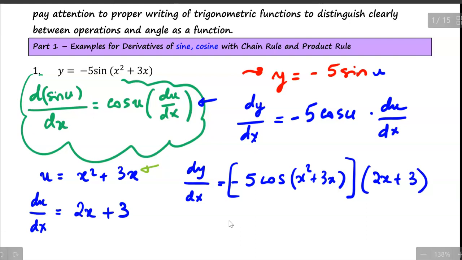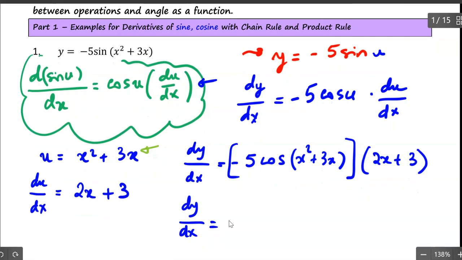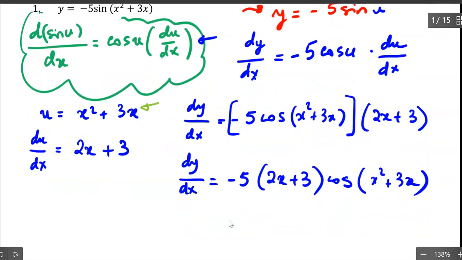In the end, you may want to simplify by writing your answer as negative 5 times 2x plus 3 multiplied by cosine of x squared plus 3x. And that is the final result.